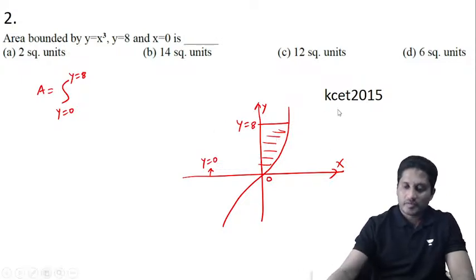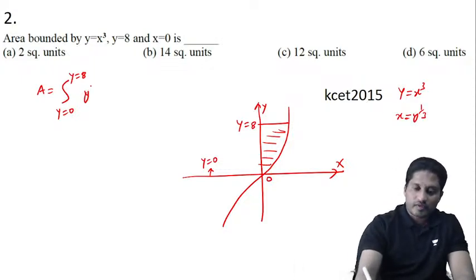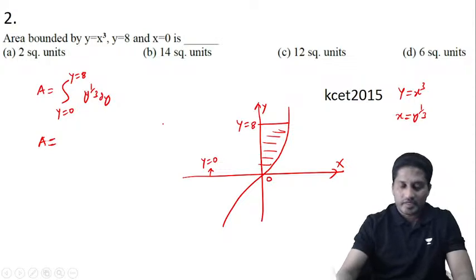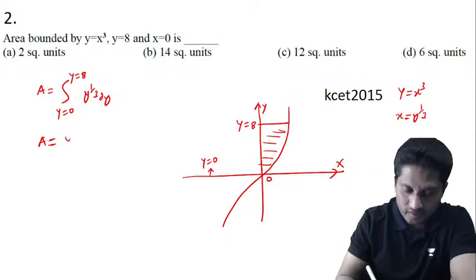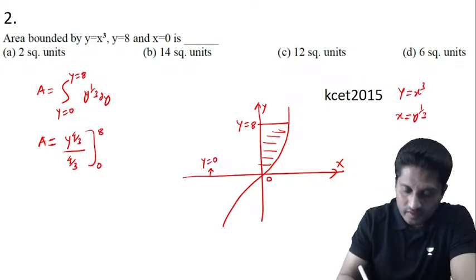y equal to x cube can be written as x is equal to y to the power of 1 by 3, and this is dy. Area is equal to integration of y power 1 by 3, which is y to the power of 4 by 3 upon 4 by 3, between the limits 0 to 8.